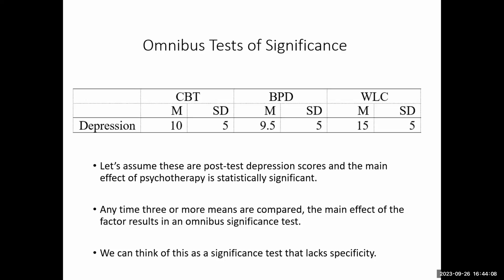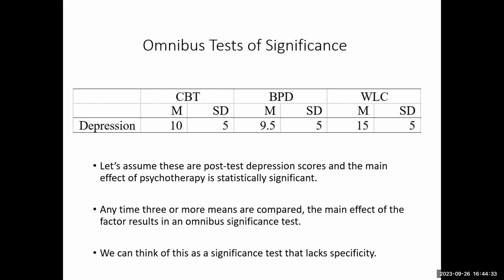Now, if we run the analysis and we get a significant main effect of psychotherapy, in this case, we've got an omnibus test of significance because we've got 3 levels of our factor. Omnibus significance tests are tied to factors that have 3 or more levels.